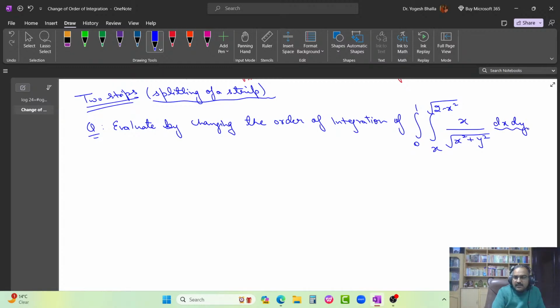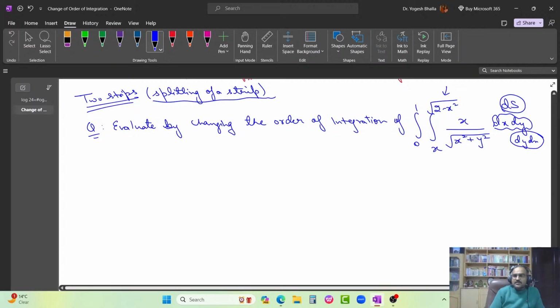Now this dx and dy can be given as dx dy, it can be given as dy dx also. So this doesn't matter to me. What matters is the value of the limits. I can identify from the value of the limits. From the given integral, we have the first limits in terms of x.